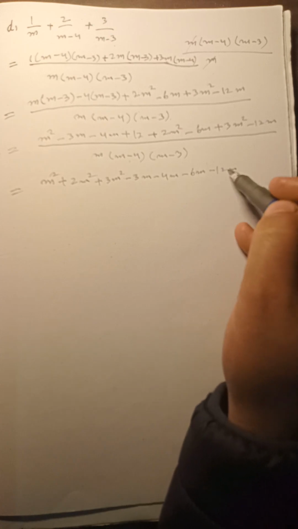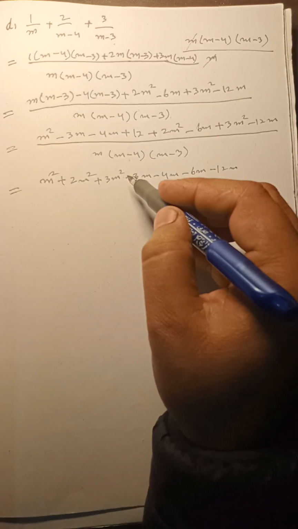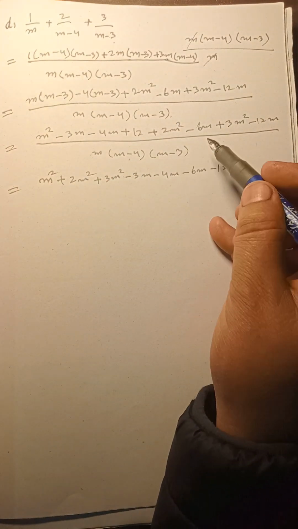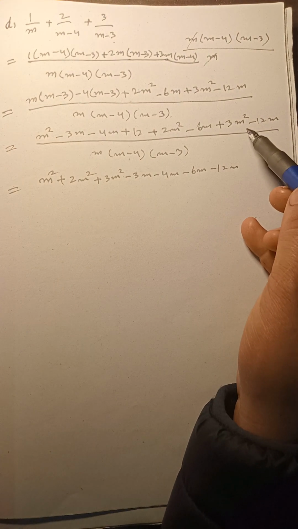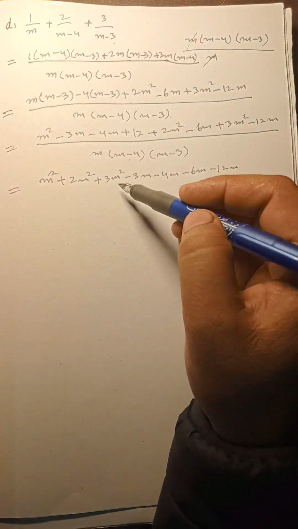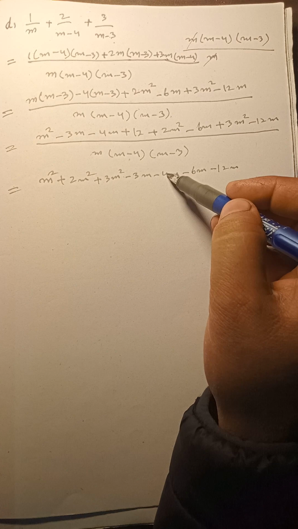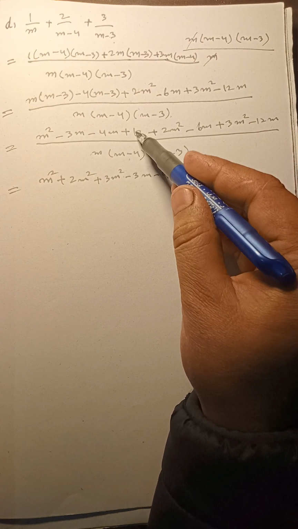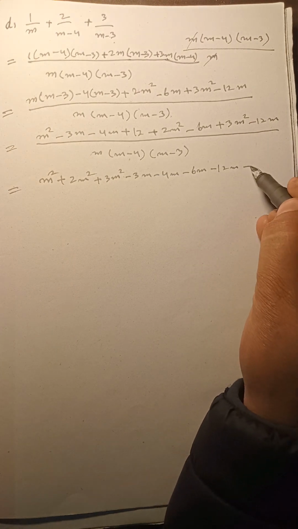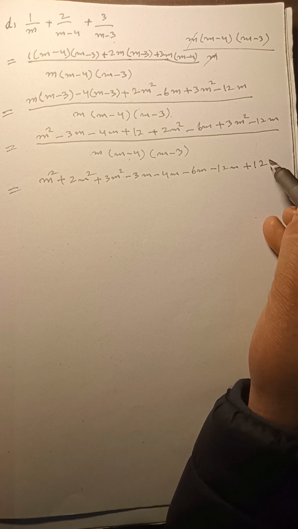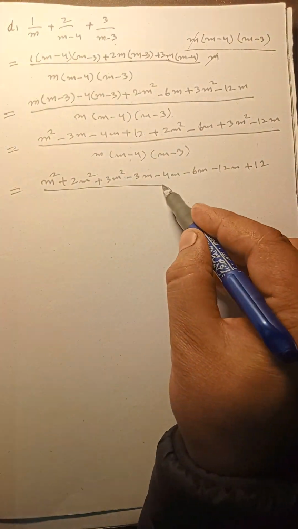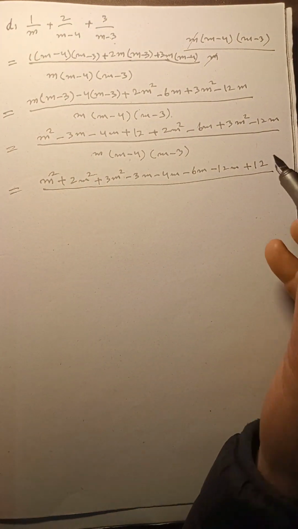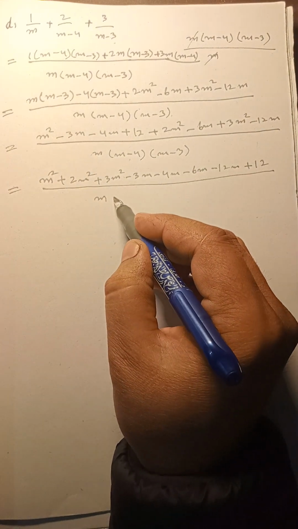And here are 1 2 3 4 5 6 7. I have missed one. Which one is missing? Minus 3 here, minus 4 here, plus 12 is missing. We should write here plus 12. Now the number of terms is the same, and we will write the same here.